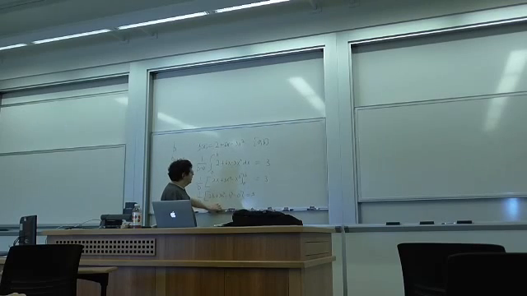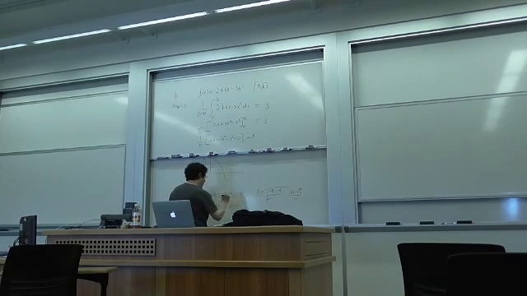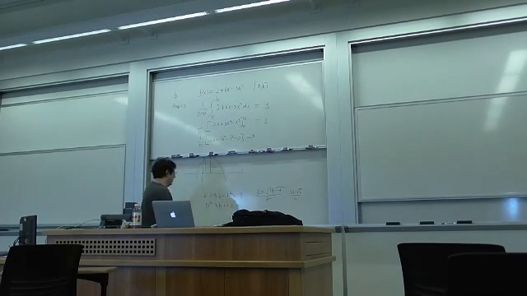Over b. So it's 2 plus 3b minus b squared. Oh, wait a minute. Up. So change the signs. And you end up with b squared minus 3b plus 1.